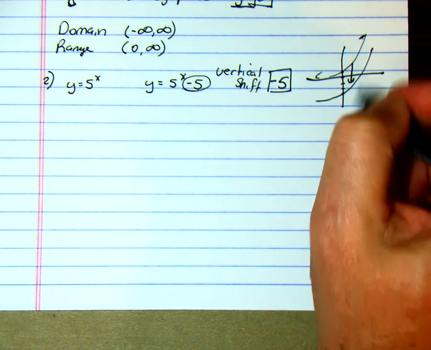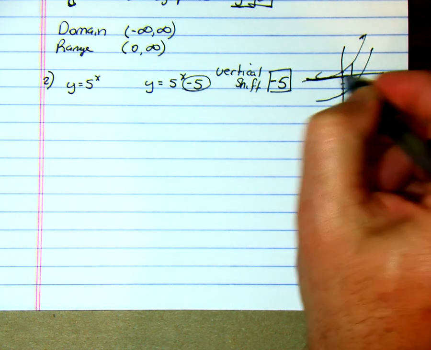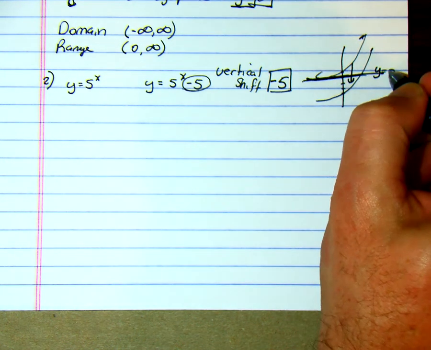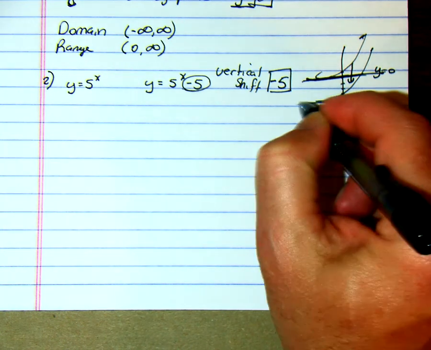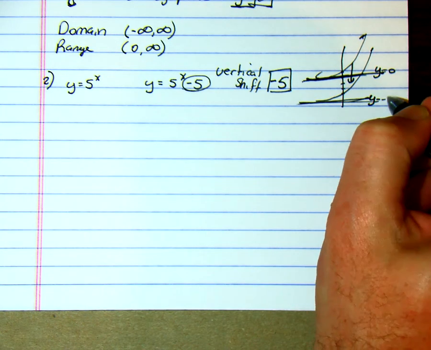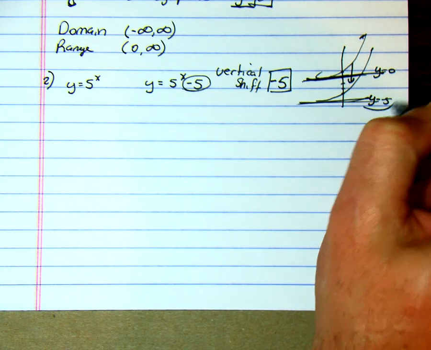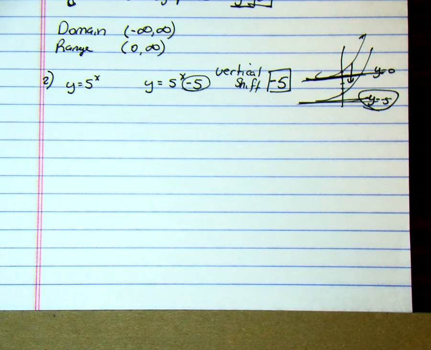Instead of having a horizontal asymptote at y equals 0, now I'm going to have a horizontal asymptote at y equals -5. Basically my vertical shift is my y asymptote as well, so that's y equals -5. I have to remember to graph my asymptote line as well.